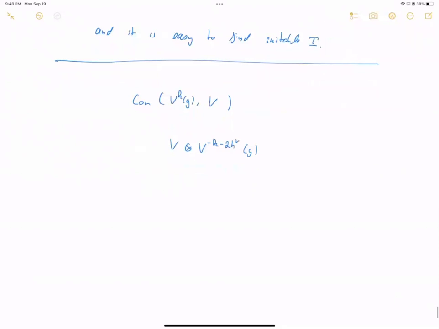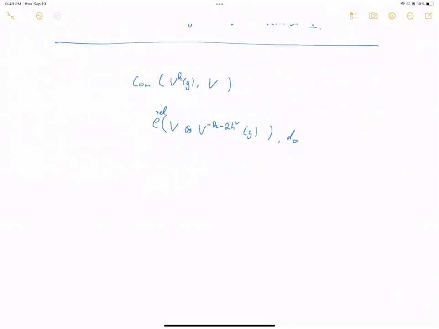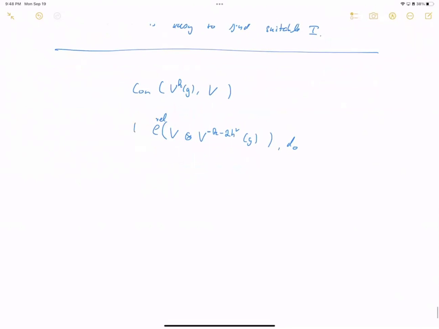Then you can look at the relative complex on this. This now has a diagonal action at level minus 2h check, which is the good one to have a standard Lie algebra differential for, and then you can take the homology of this.